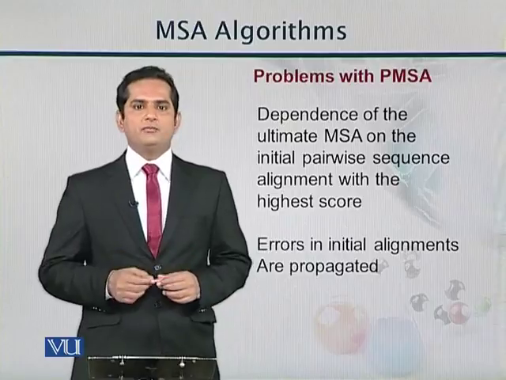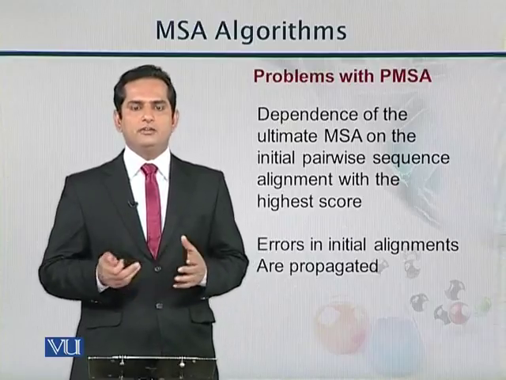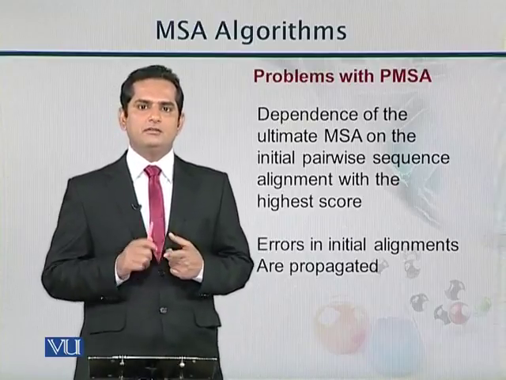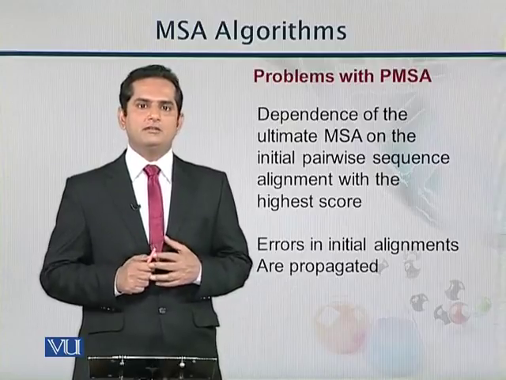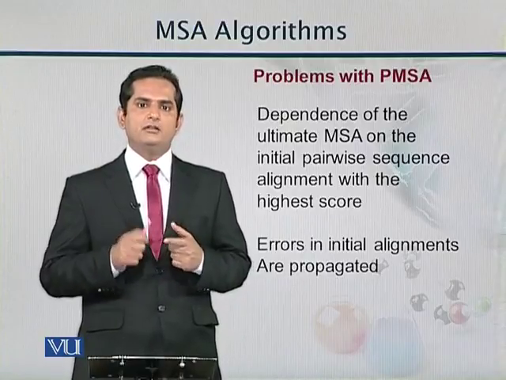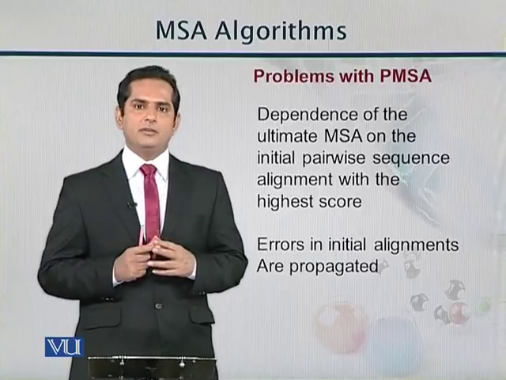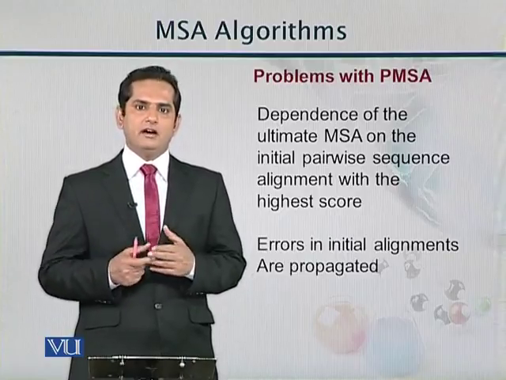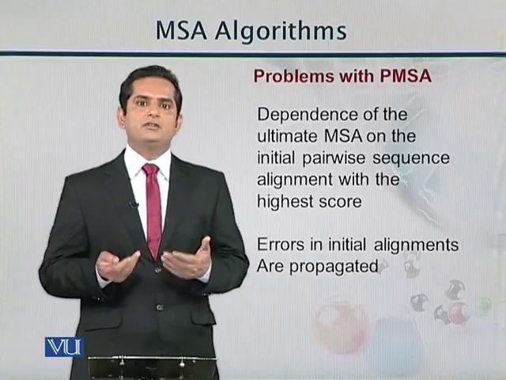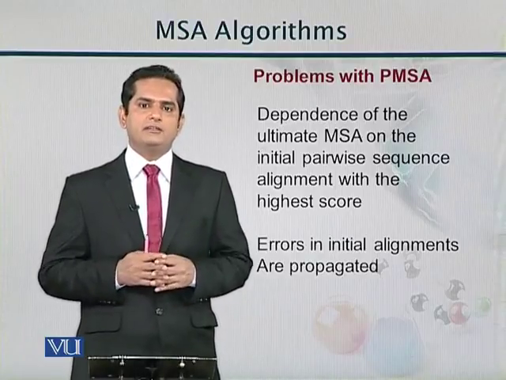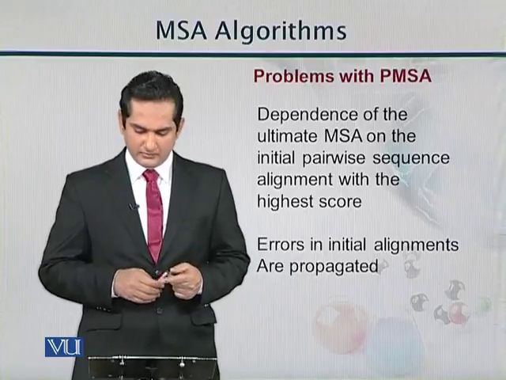So what are the problems with MSA? For progressive MSA, there are common problems. In the initial step, we are putting multiple sequences together using dynamic programming techniques, so if that number is very high, it will be very slow and computationally expensive.